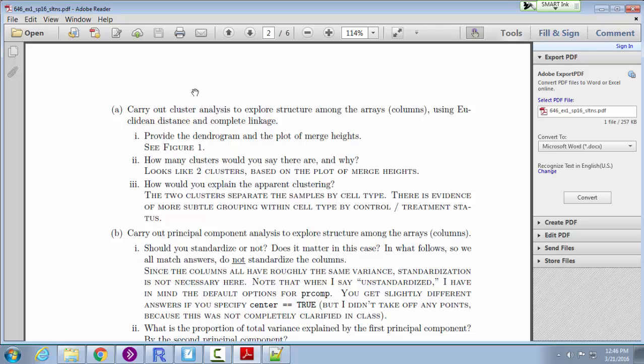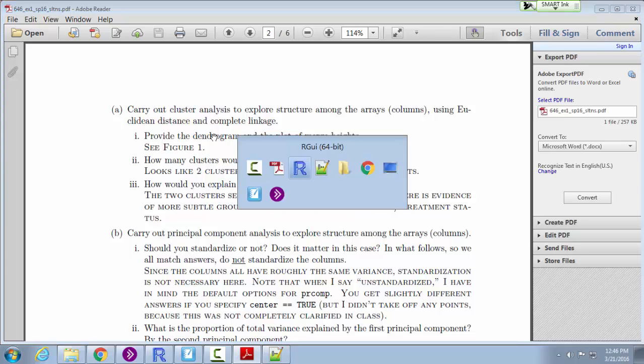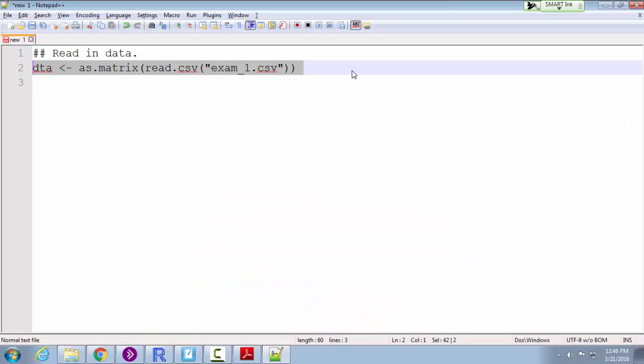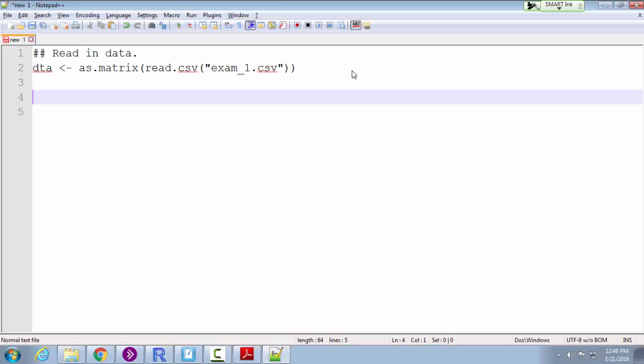All right, everybody did well on the clustering. So when you did clustering, it was actually kind of a nice story that came out. So to do clustering, we can say hclust. I want a distance matrix. And then I think I need to transpose data. That's like what we did in our homeworks.